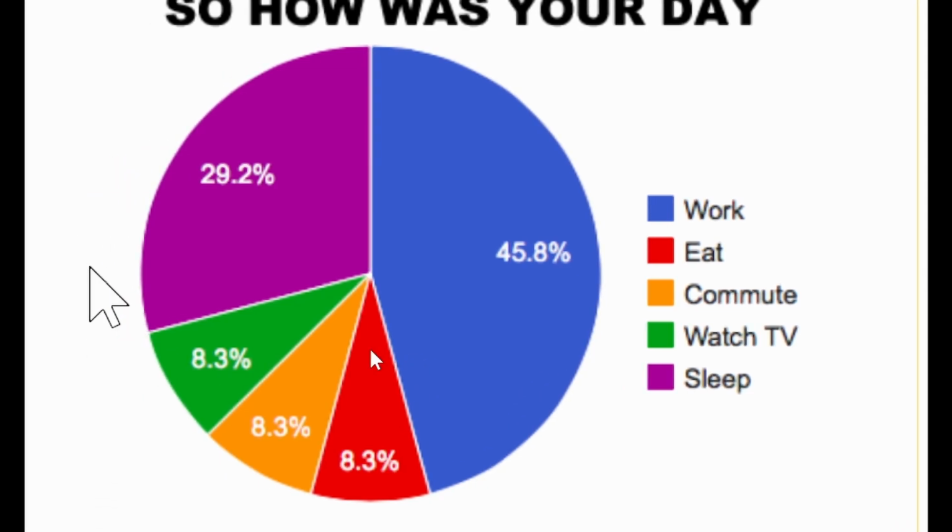I don't know if it makes sense to you. Yes, portions of the whole. If you are not looking for portions of the whole, then pie chart is not what to use.